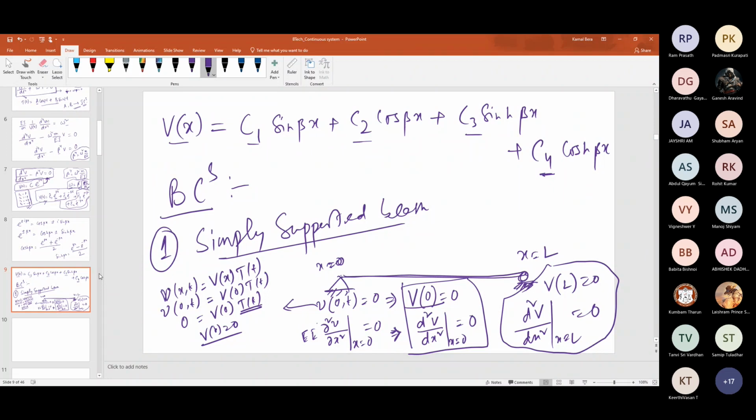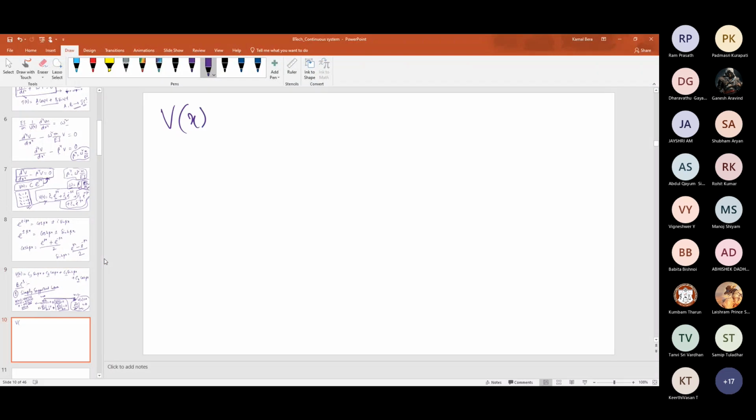Any issue? Let me write it again on the other side. V(x) equals C1 sine beta x plus C2 cos beta x plus C3 sine hyperbolic beta x plus C4 cosine hyperbolic beta x. Four boundary conditions.